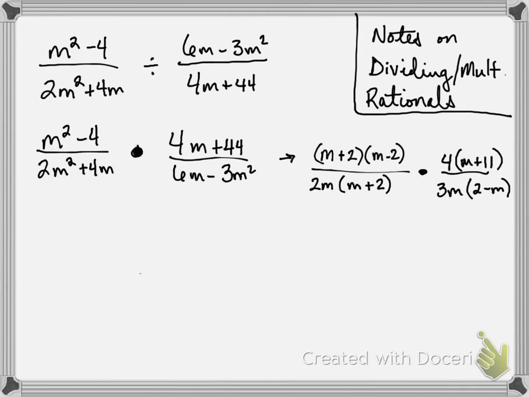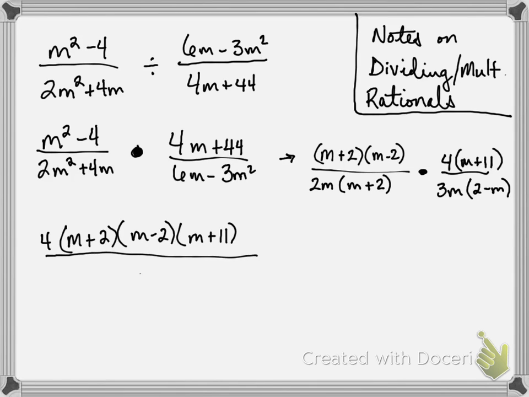So what I'm able to do here, I'm just going to write everything on the top. So m plus 2, m minus 2. The 4 is out in front of everything, and my m plus 11, when I multiply all that stuff. Then on the bottom, obviously we have 2m times 3m. We have an m plus 2, and we have a 2 minus m.